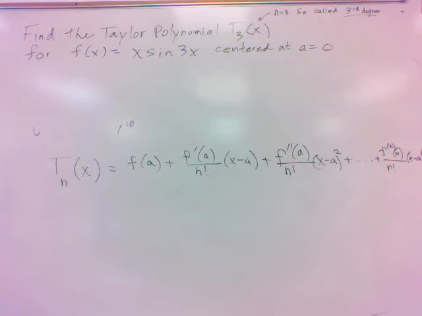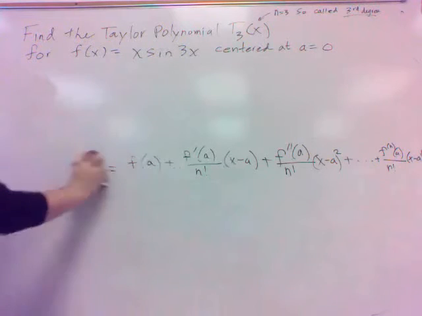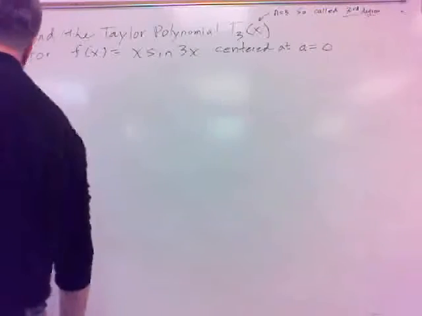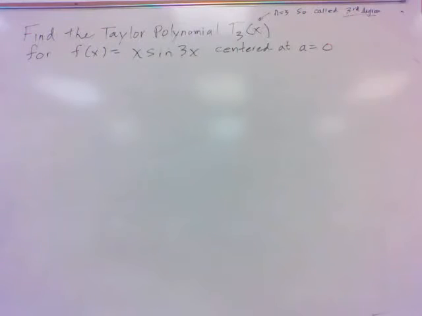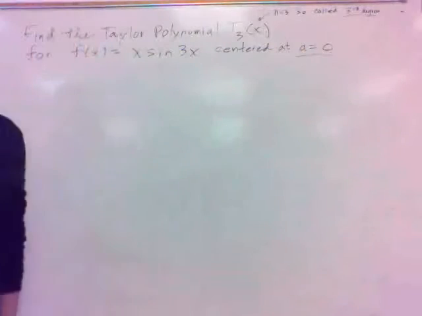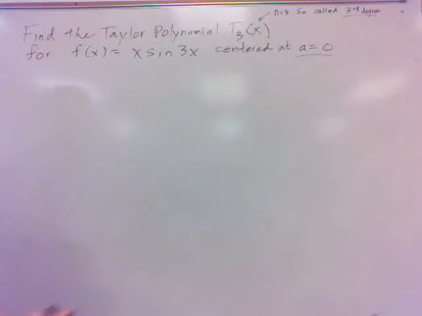Well, the bad news is I've got to come up with a Taylor polynomial, which is a Taylor series partial sum. However, the good news is this is centered at a equals 0, so what does that mean? It's a Maclaurin series.